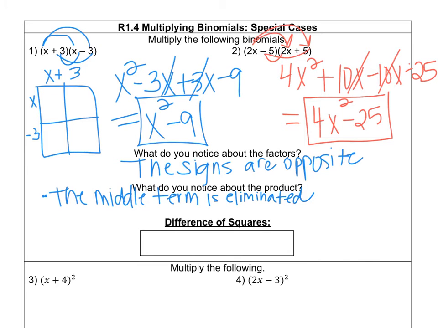Let's also take a look at the numbers of each term in the product. So on number 1, my final answer is x squared minus 9. And then on number 2, my final answer is 4x squared minus 25. So going from the original polynomials, let me circle that in yellow.